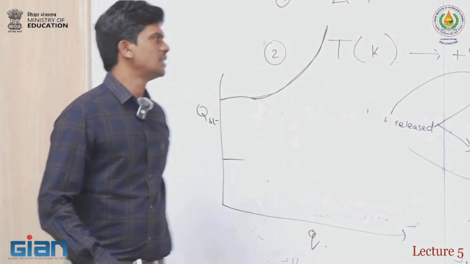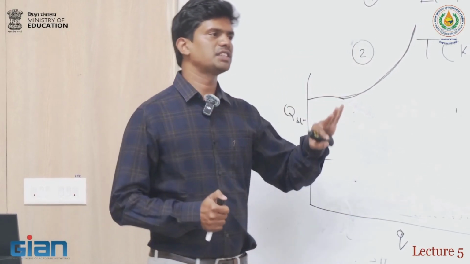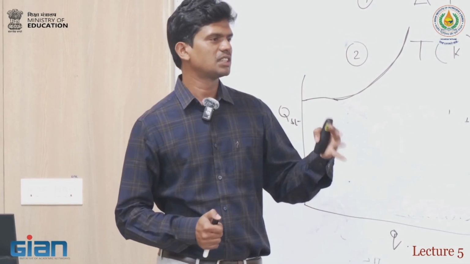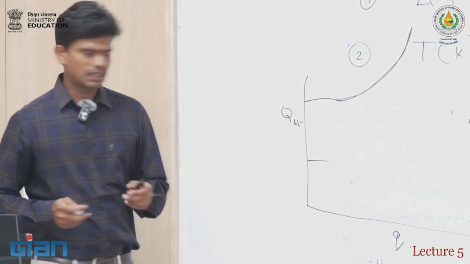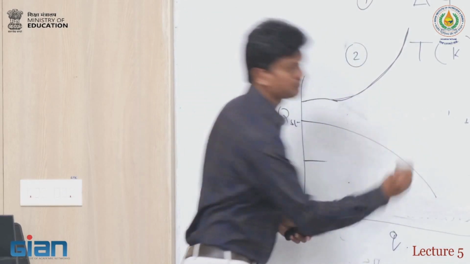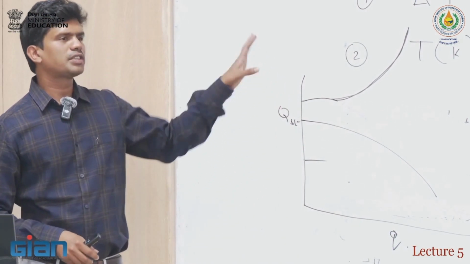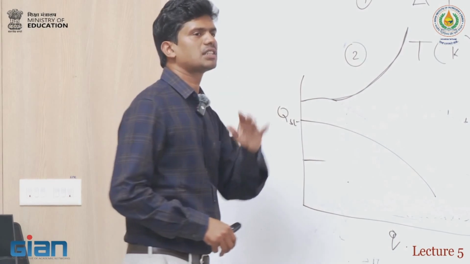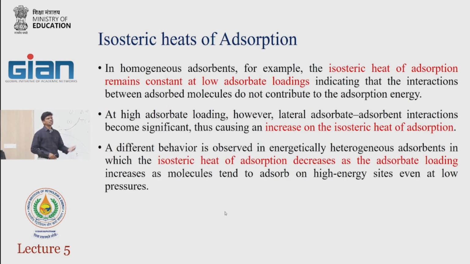A different behavior is observed for heterogeneous adsorbents, that means the surface characteristics of the adsorbent are heterogeneous. In that case the isosteric heat of adsorption decreases with the loading, and goes something like this. So the point I would like to highlight is that the isosteric heat of adsorption does not follow the same trend in all materials. It depends on material to material and gas to gas, so it may be constant, increase, or decrease. That is the only point you have to learn here.